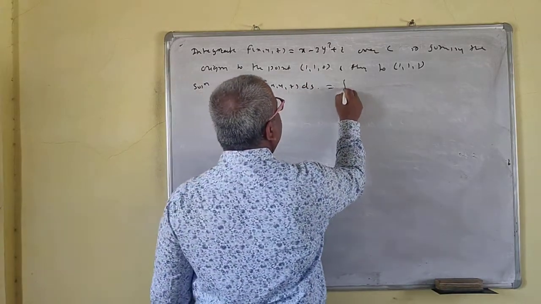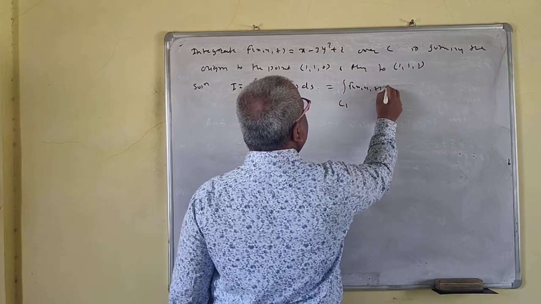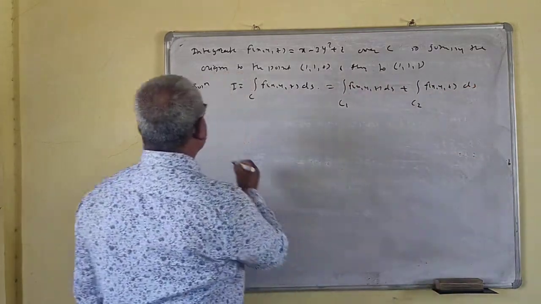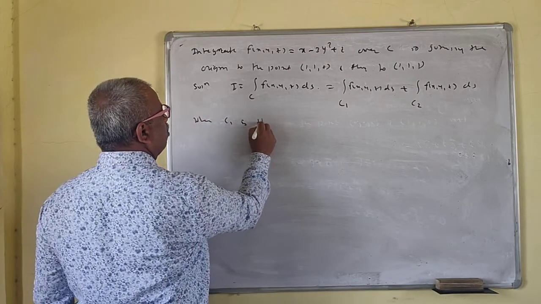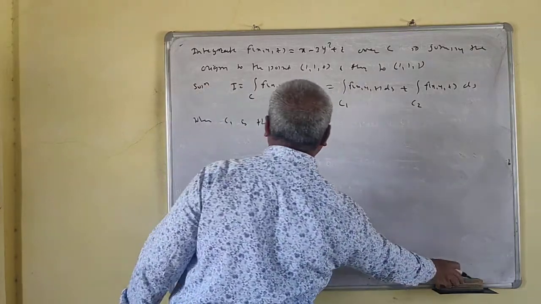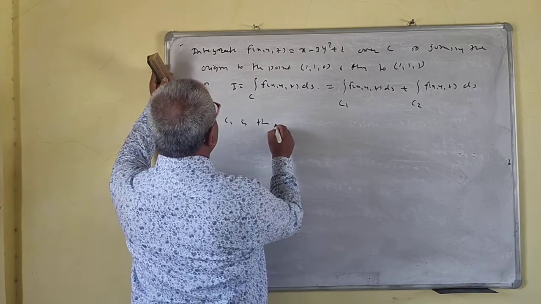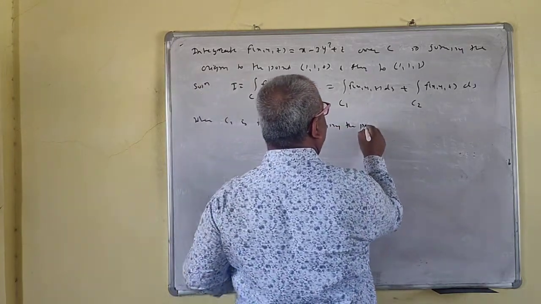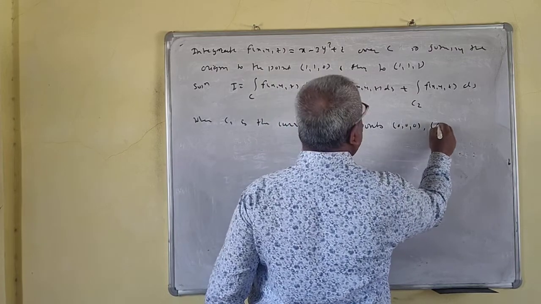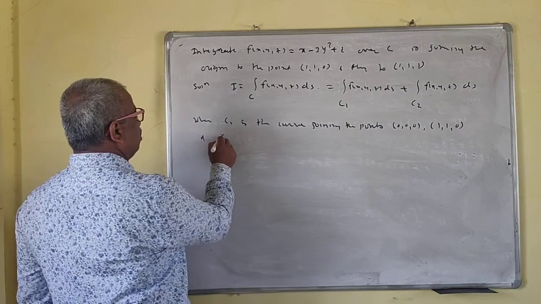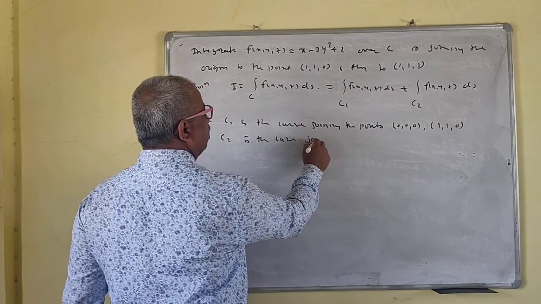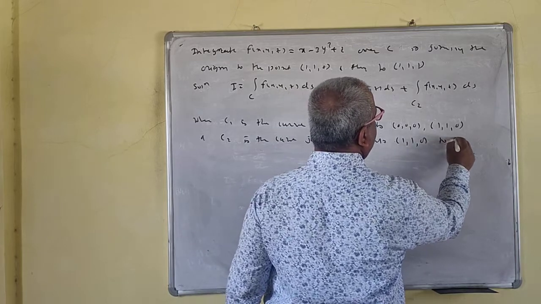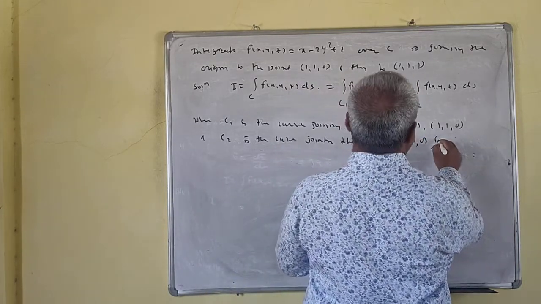So this is same as integral over C1 f of x, y, z ds plus integral over C2 f of x, y, z ds, where C1 is the line joining the points 0 0 0 and 1 1 0, and C2 is the line joining the points 1 1 0 and 1 1 1.